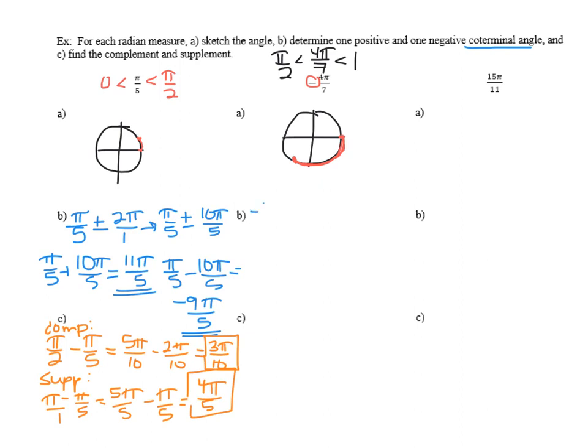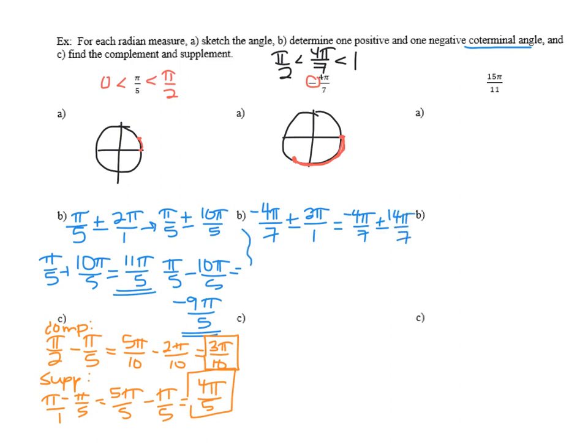Take negative 4 pi over 7, and we'll add and subtract 2 pi over 1. I'm getting ahead of myself here and missing some parts. Sorry. 2 pi over 1. A common denominator of 1 and 7, this is going to be pretty common in this process, would be 7, and that makes 2 pi over 1, 14 pi over 7.